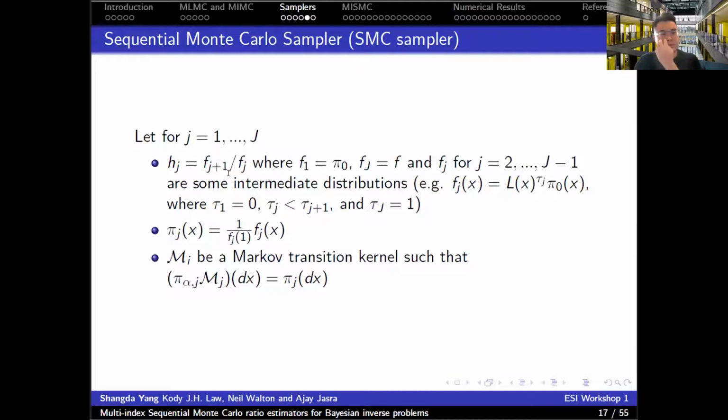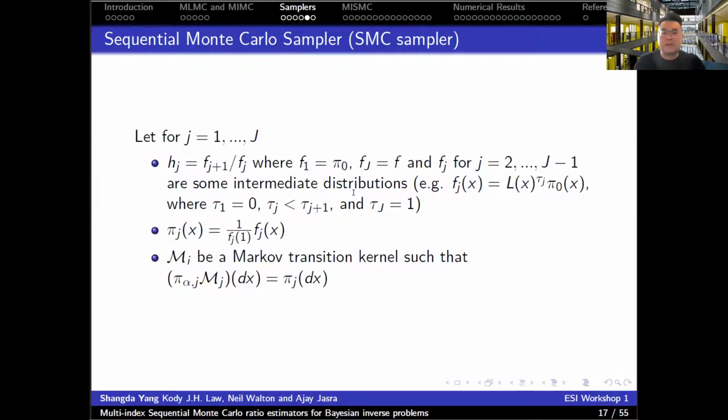Here are some definitions of the SMC sampler. We let h_j be f_{j+1} divided by f_j, where f_j is the intermediate distribution. Here we use f_j(x) equals L(x) to the power of tau_j times pi 0(x) as the intermediate distribution.